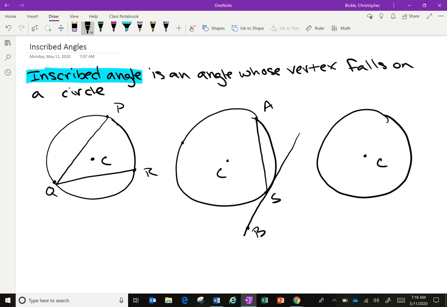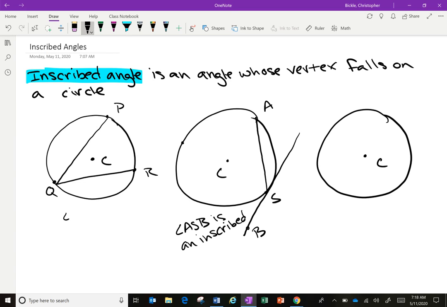So if I wanted to talk about angle ASB, this angle ASB is also an inscribed angle. And again, it's inscribed in that circle because the vertex, this point S, is on the circle. It doesn't matter that the other point B falls outside.